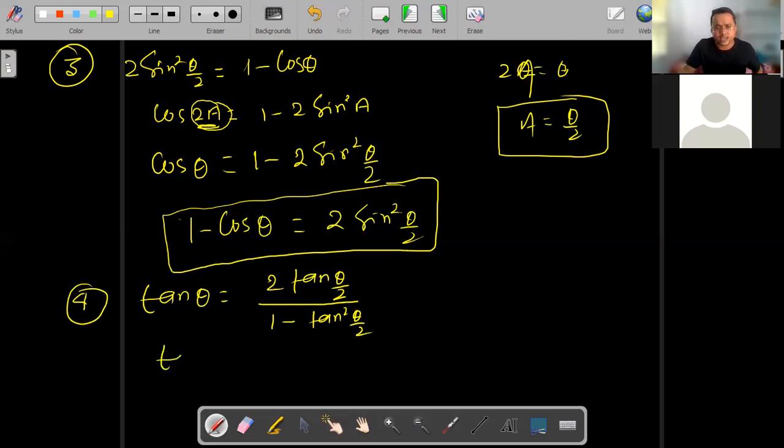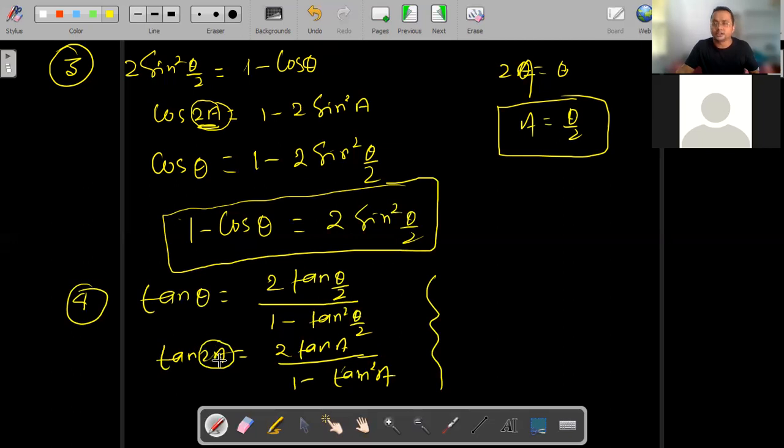As you have studied, tan 2a in terms of tan only, what can we write? 2 tan a divided by 1 minus tan squared a. So simply we have to replace 2a by theta. Then a will be theta by 2.